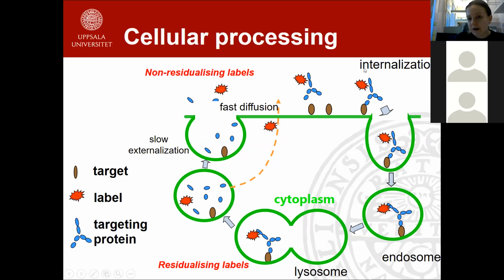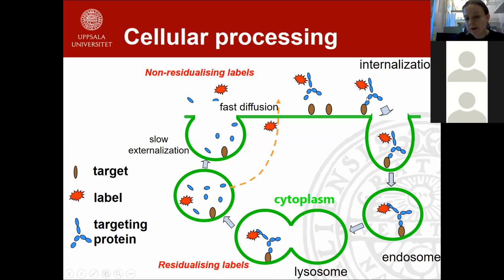So how fast is internalization in cancer cells compared to internalization in normal organs? If we think about cancer cells, we know that generally internalization is quite slow. It's not very, very fast. So if something targets the cancer cell, it usually stays on the surface of the cancer cell.